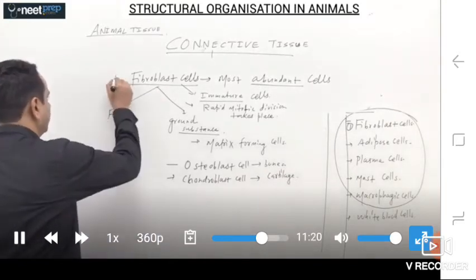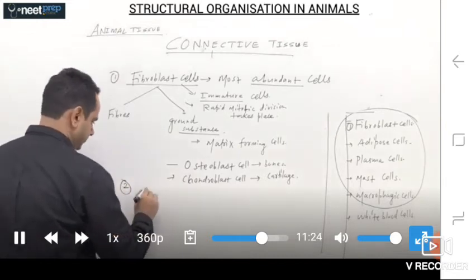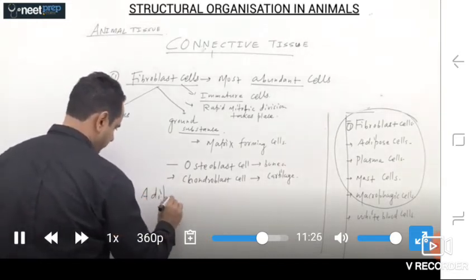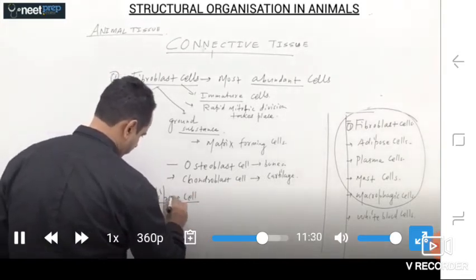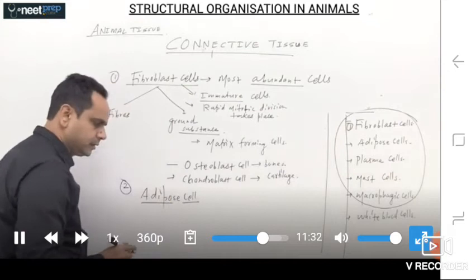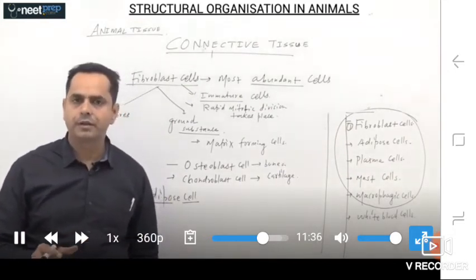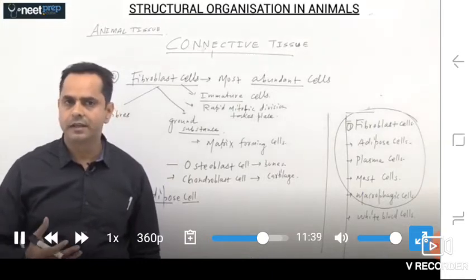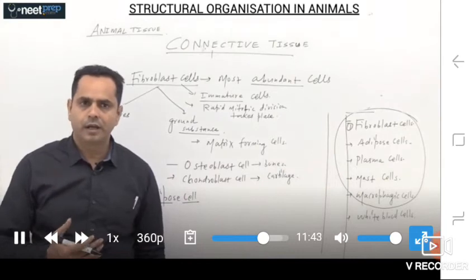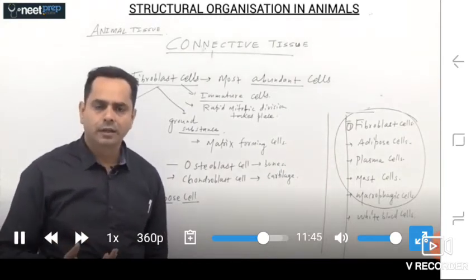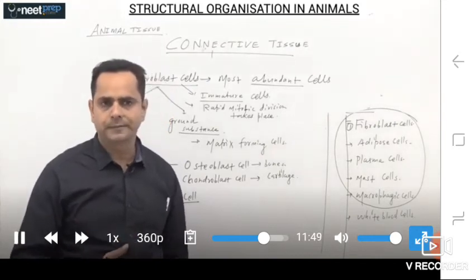Number 2 is the adipose cells. Adipose cells are basically the kind of cells that store the triglyceride, or we can say neutral fat. Fat storing cells, as a kind of reserve food or reserve substance in our body parts.